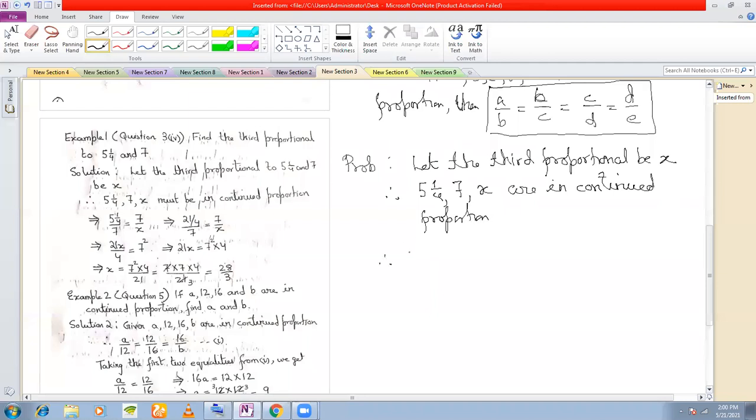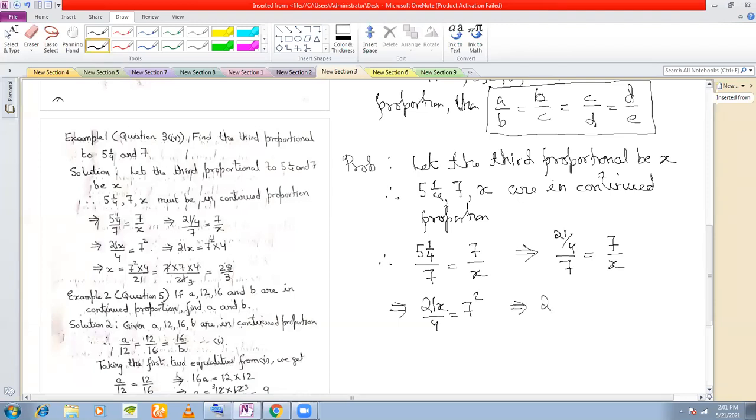Therefore, from the definition, three numbers a, b, c in proportion means a by b is equal to b by c. So we are getting an equation, and we can solve this equation. You have 21 by 4 by 7 is equal to 7 by x. Cross multiply, you get 21x by 4 is equal to 7 square.